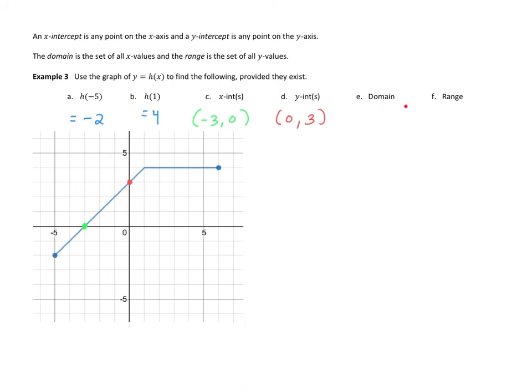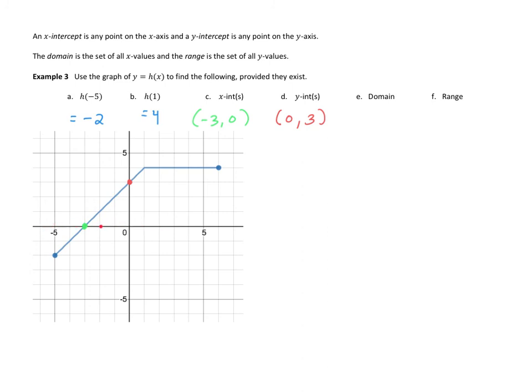For the last two parts, for domain and range, the domain is the set of all x values on your graph, and the range is the set of all y values. So what is the domain of this function? You have to know where the graph starts on the x-axis and then where it ends.